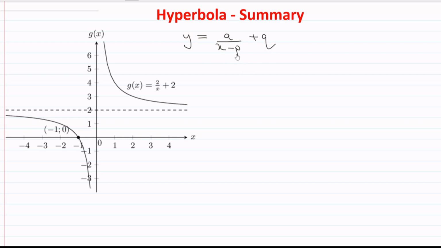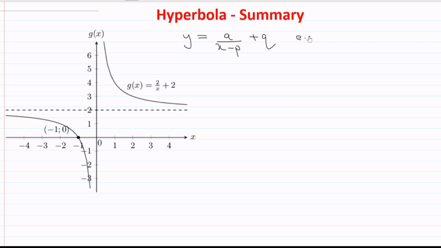That is the general equation of a hyperbola, where x and y are our variables. X is our input. Remember, a function is a relationship in which you put in a value and you get one output value. So y is our output and x is our input. Now a, p, and q are any values. They can be any numbers.